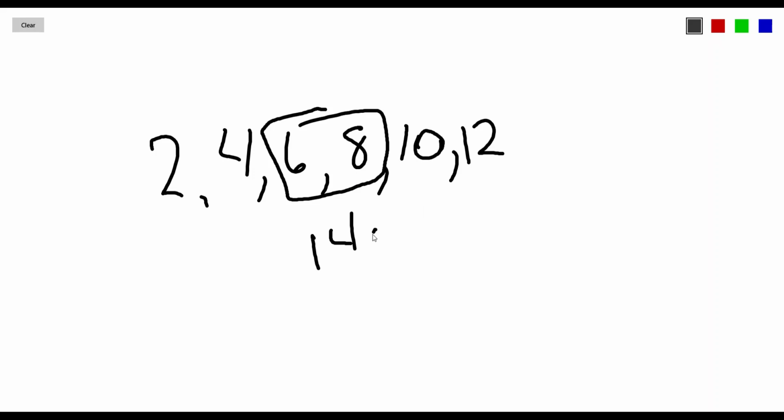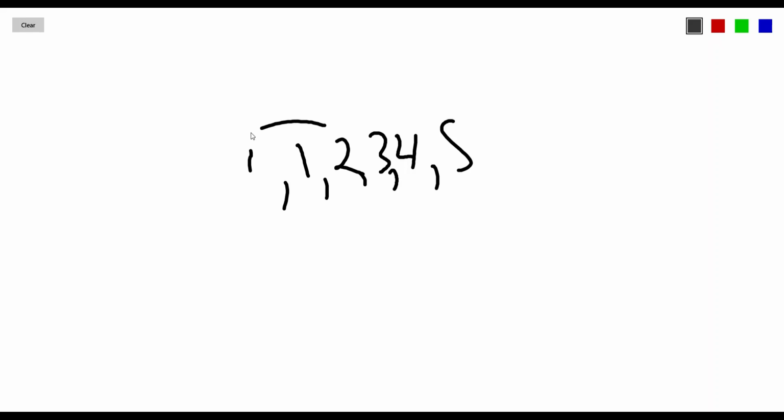We want to divide that number by 2. That's only when we have an even number and we're trying to find the median. So we're going to take the middle 2 numbers, add those up to 14, divide by 2, which gives us 7. And that would be our median. Okay?